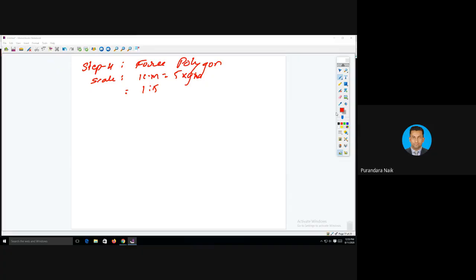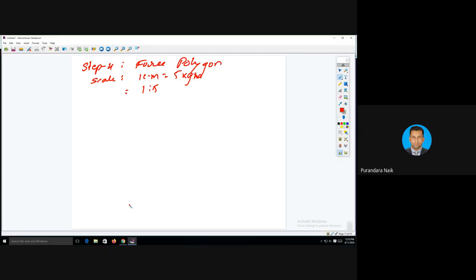So mark a point somewhere here. Next is 16 divided by 5. You need to divide the length by 5, since 1 centimeter is equal to 5 kg. 16 means it will be 3.something, 3.1 centimeter.